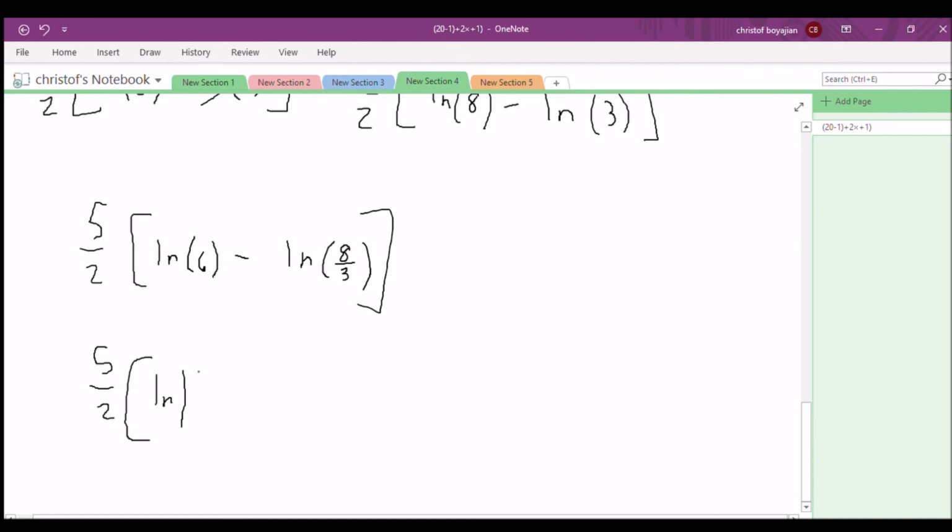So that would be 18 over 8, right? And you can simplify this fraction, of course, too. So 5 over 2 of natural log of 9 over 4. And this should be our answer.